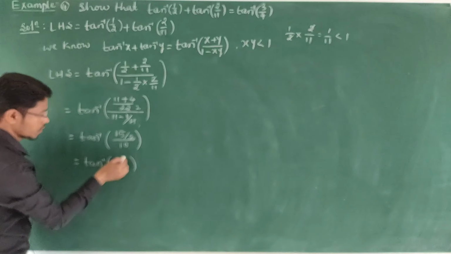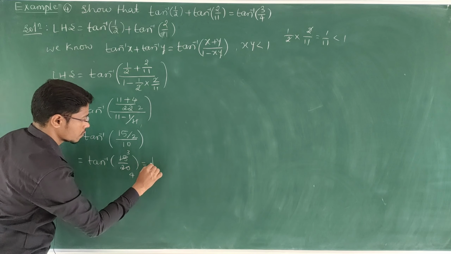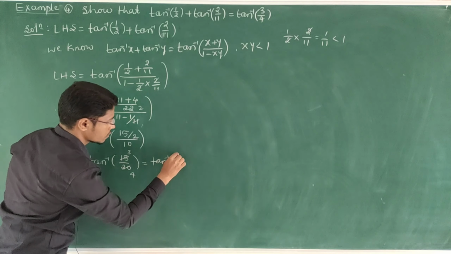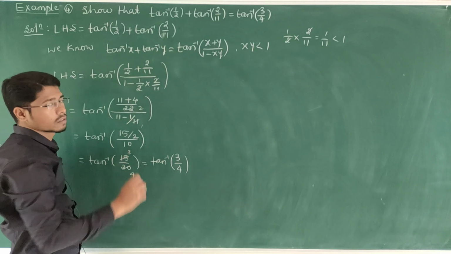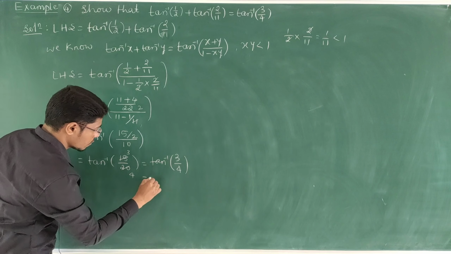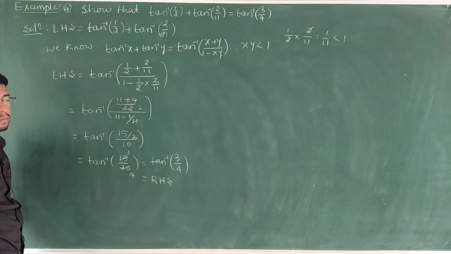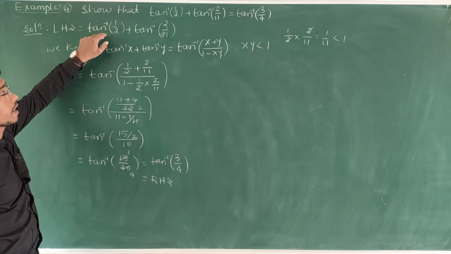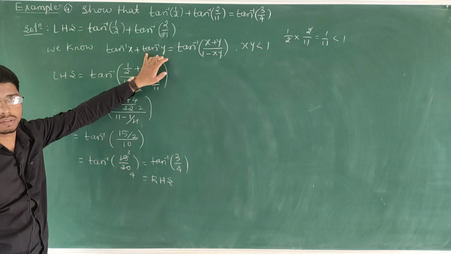So 5 3s are 15, 5 4s are 20, this is equal to tan inverse of 3 by 4. See, this is our required result, 3 by 4 is equal to the RHS. Okay, very simple formula. Tan inverse of x plus tan inverse of y formula we have to use, right.